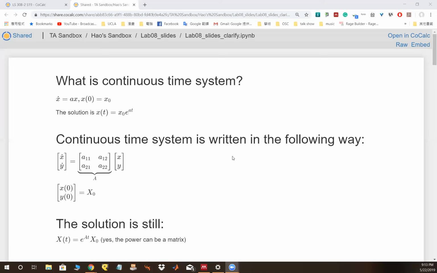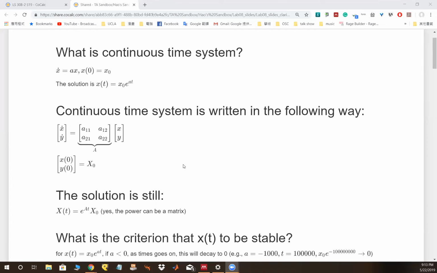And this idea can be expanded into a matrix way, or to multiple variables. If today you don't have just one variable, you have two, and they affect each other's derivative values, which is what I show here. X dot equals a11 multiplied by x plus a12 multiplied by y, and y dot equals a21 multiplied by x plus a22 multiplied by y.